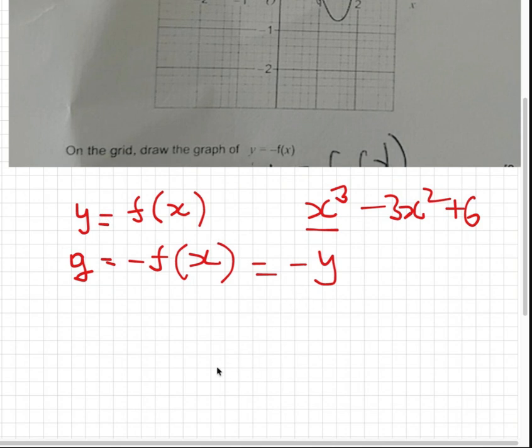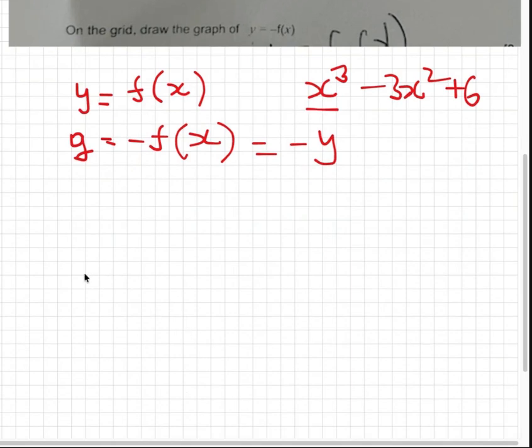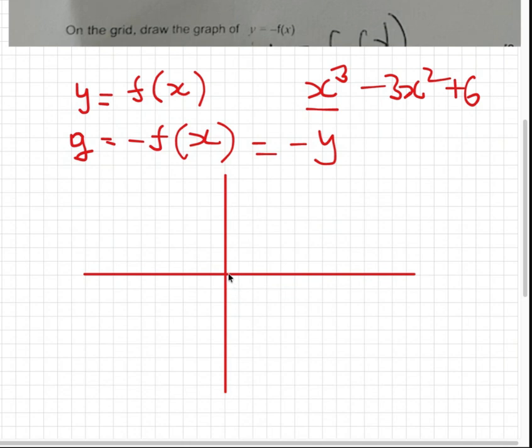If you plot that on the graph, suppose this is my graph, so this is y equal to f(x).